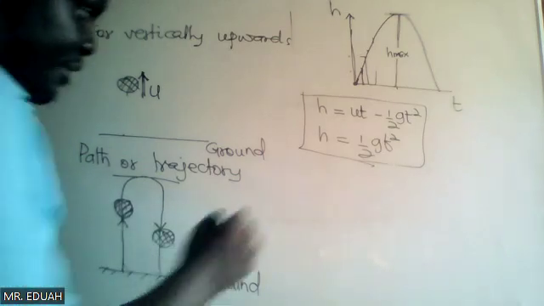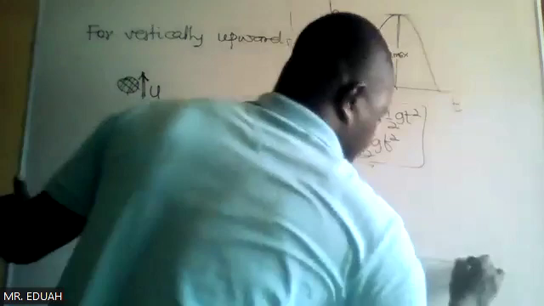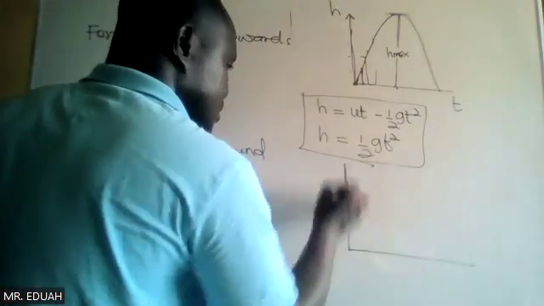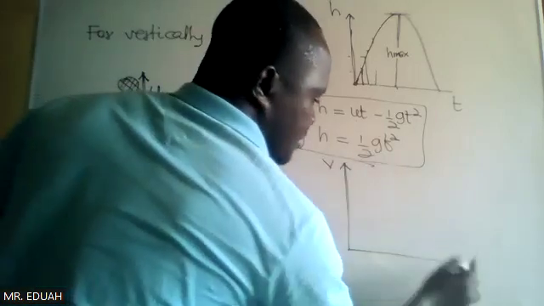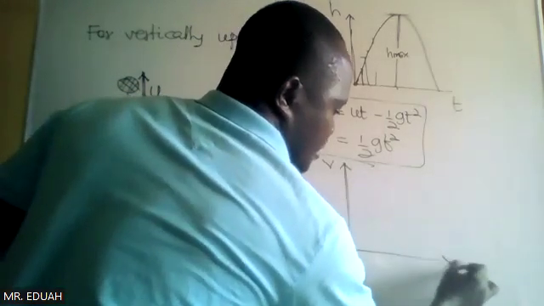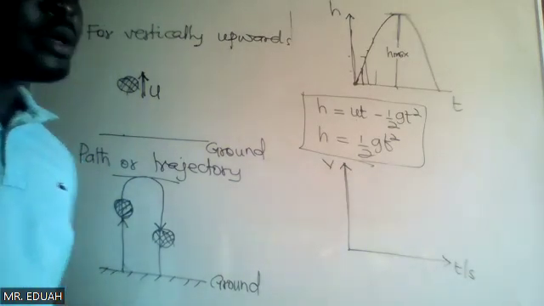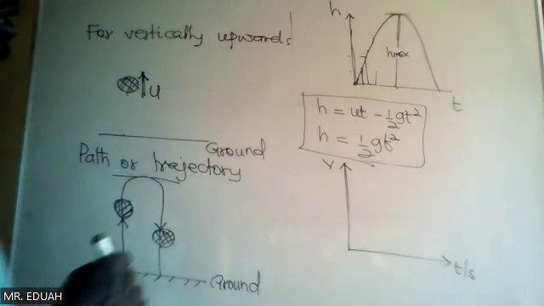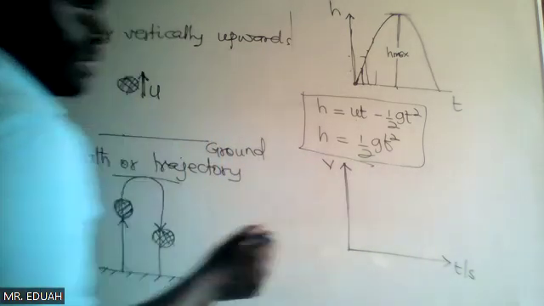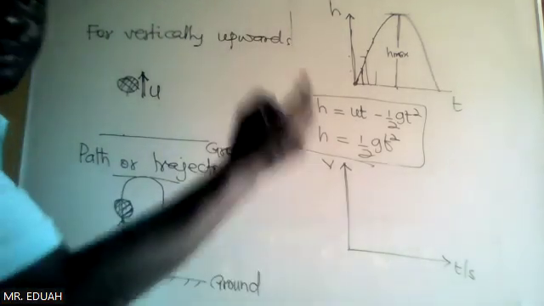Now, velocity time graph. This is its velocity time graph. The body begins by being projected vertically upwards.